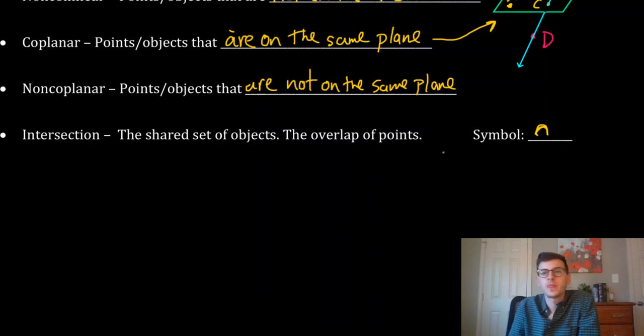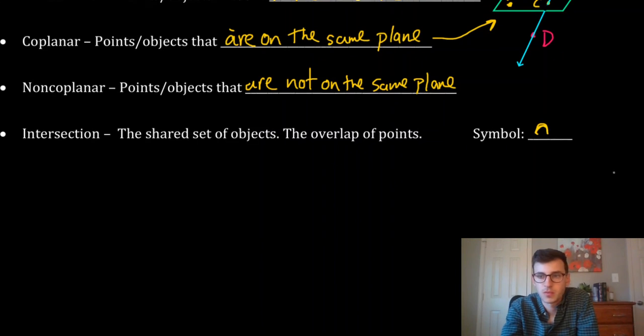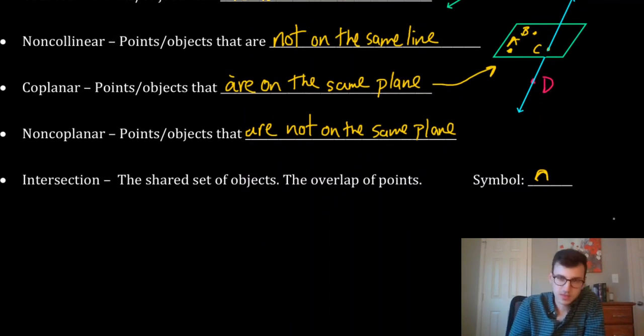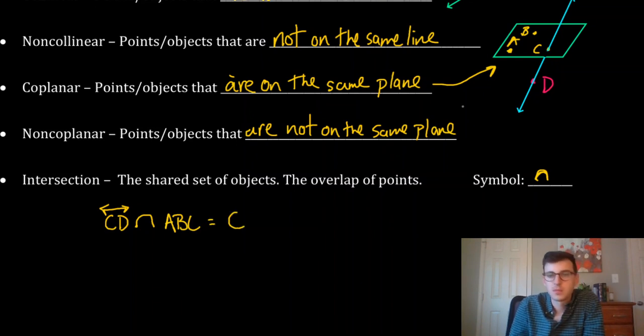So we might say that, let's go up a little bit, we might say that the intersection of line CD and plane ABC would be the point C, because they share that point, right? That's the only thing that those two have in common. The line and the plane have that point in common.